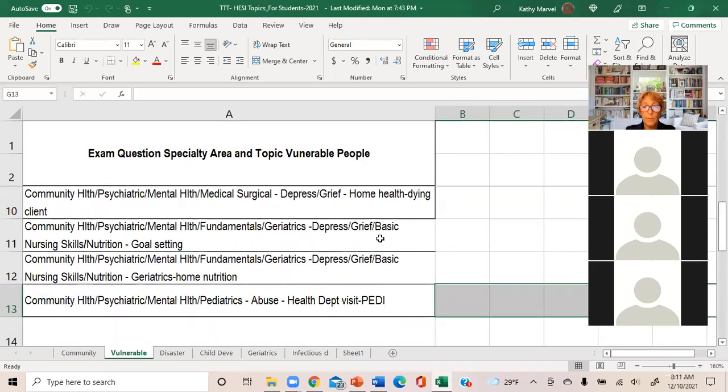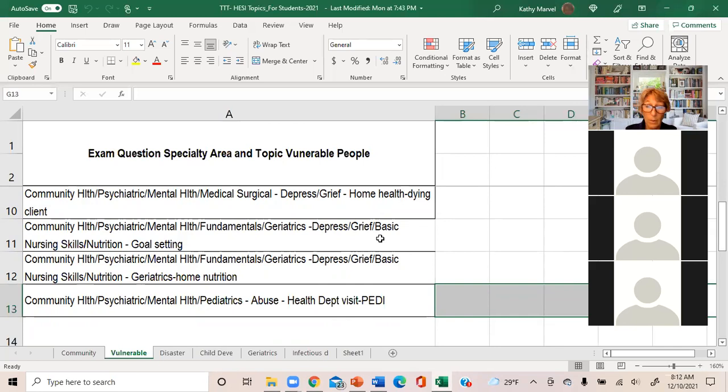I agree. Number 10, home health dying client. What did we talk about when we talked about the hospice nurse working with families of a dying client? We talked, and this is my take, about one of the goals being to have everybody engaged in the process with their family member.